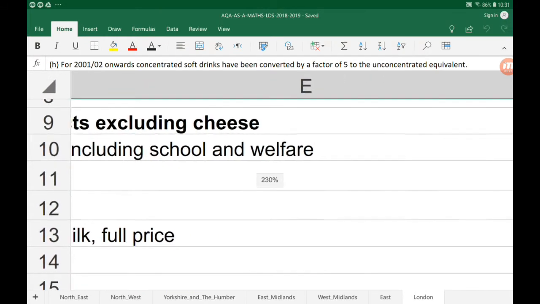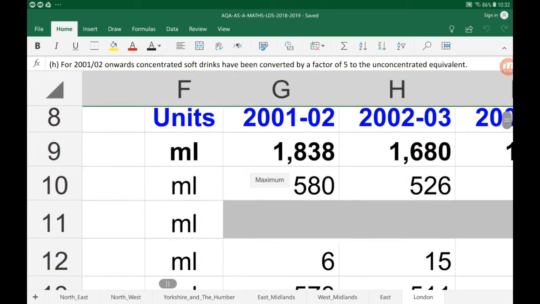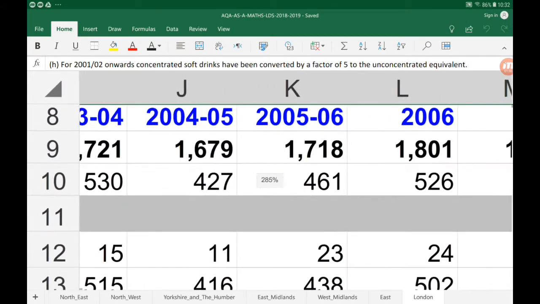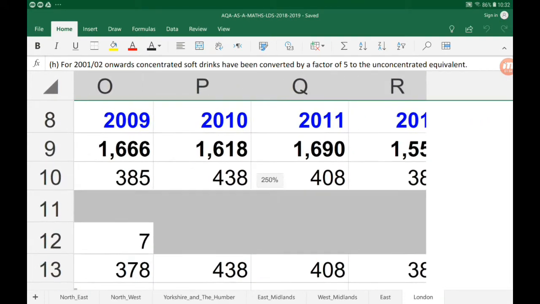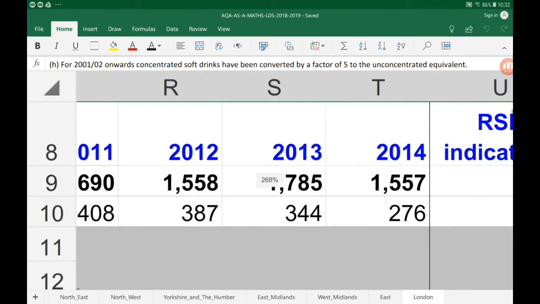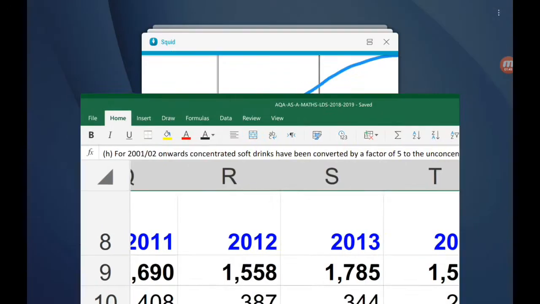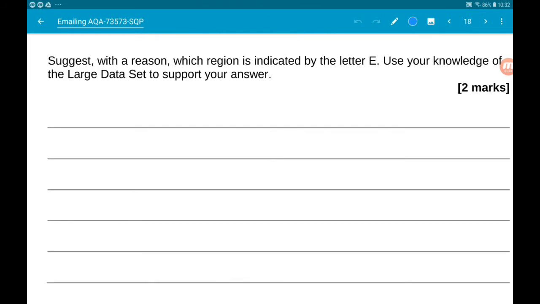So let's go across. So we want the values just above the grey line. Go across to 2013. Which is here, and we see we have a value of 344. So that tells us then that E is London.